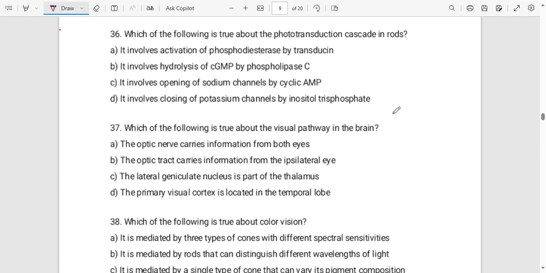When light hits the outer segment of the cones, it's going to change retinal. So retinal is found in different forms. You have what is known as 11-cis retinal, which is also known as retinene 1.